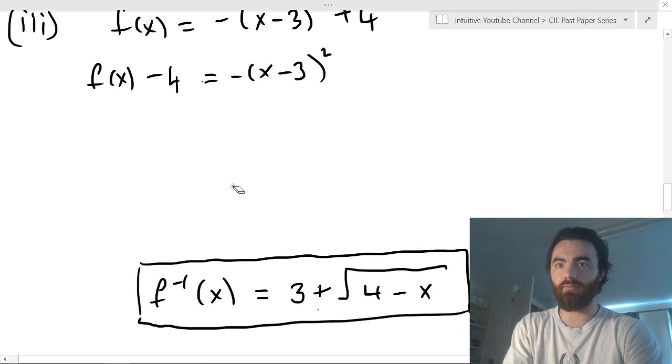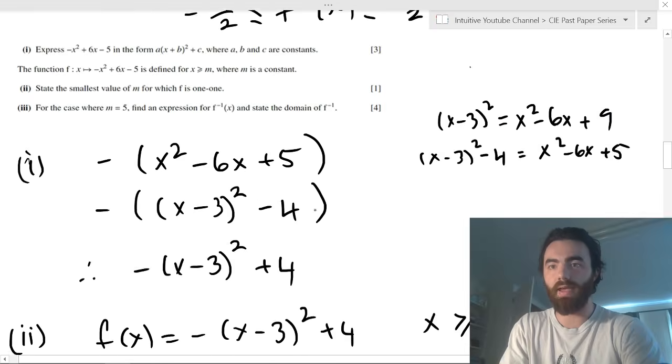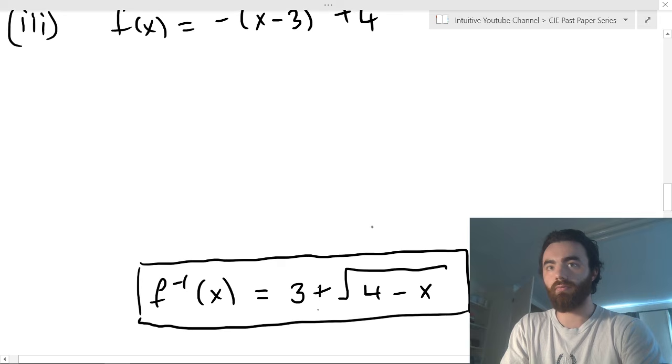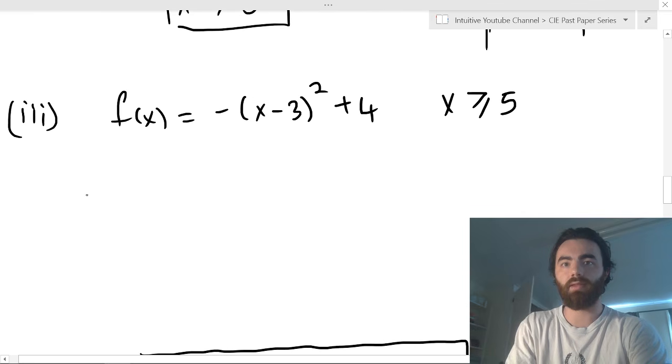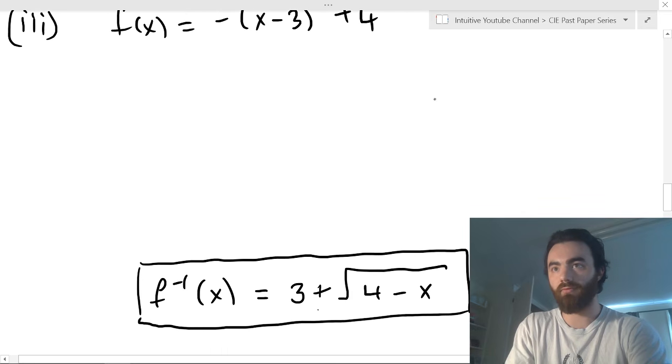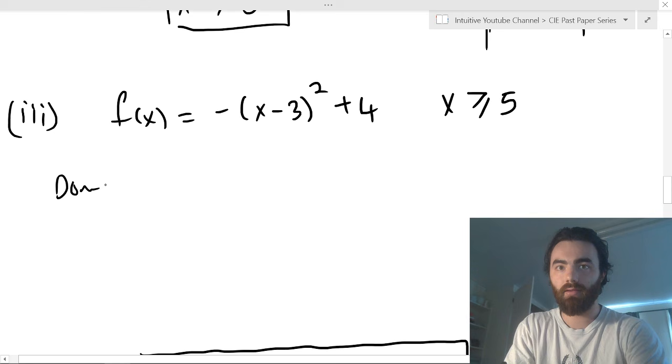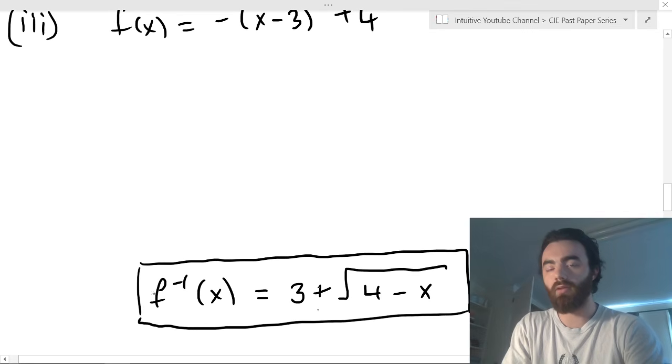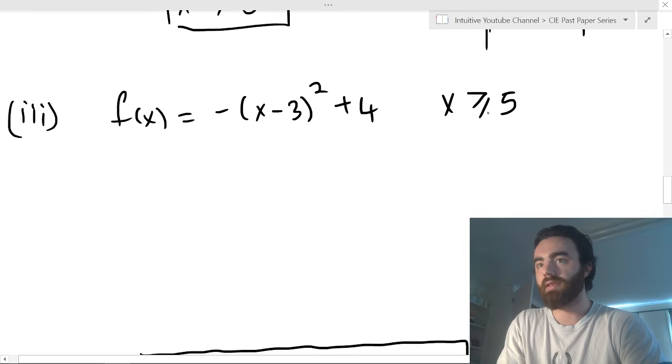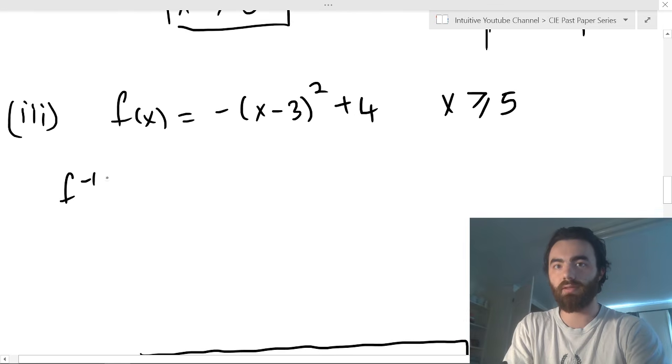Now it wants us to find the domain of the inverse. Well, we know that our range of the inverse of x is going to be greater than or equal to 5, because the domain of f of x is greater than or equal to 5.